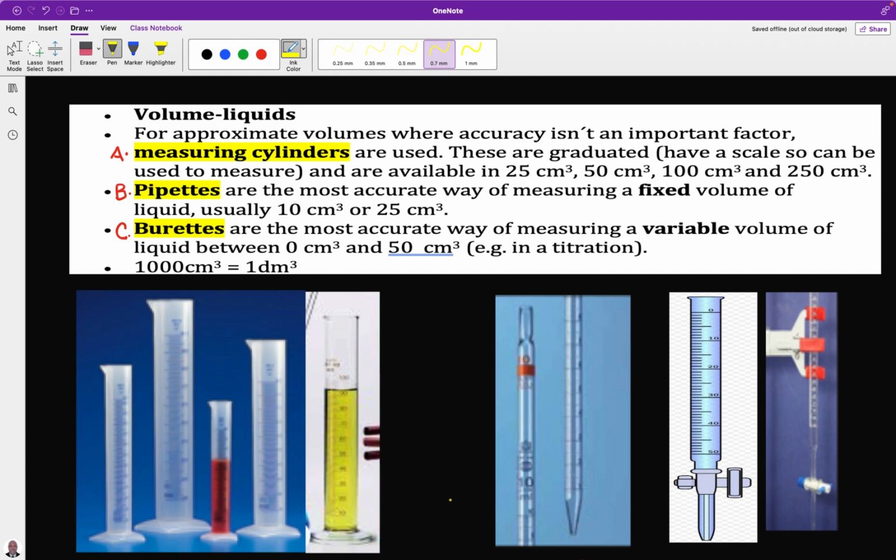And the question that follows could be, what apparatus was used for the measurement of volume? Of temperature? Of mass?